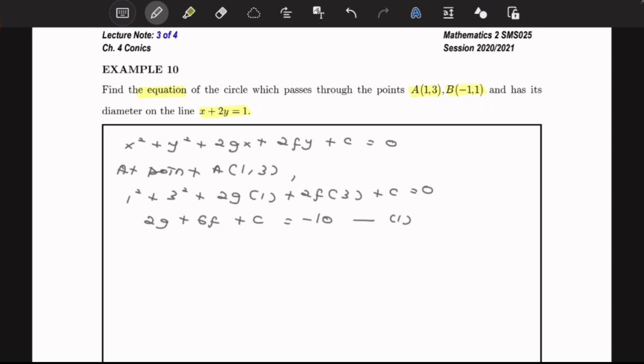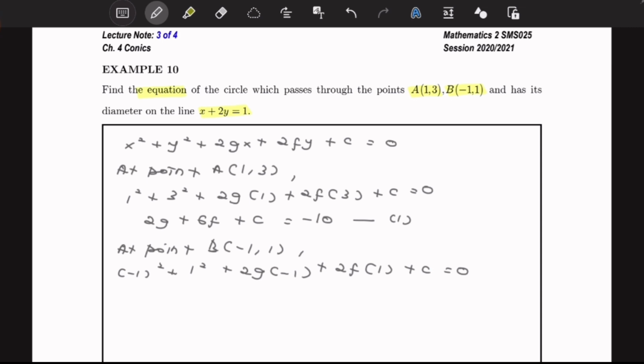Second equation we'll get from point B, coordinate (-1, 1). Substitute into the general equation, -1 square plus 1 square plus 2g in bracket -1 plus 2f in bracket 1 plus c equal to 0.